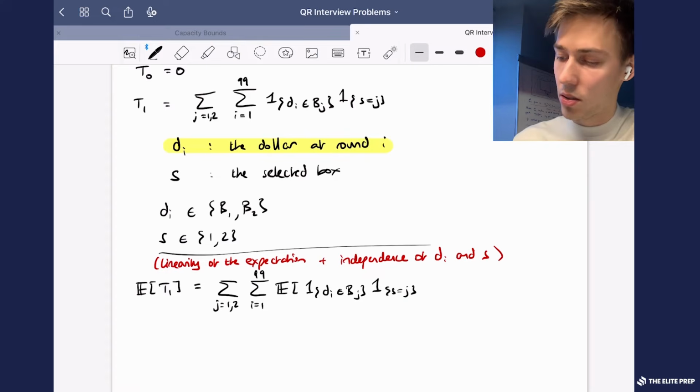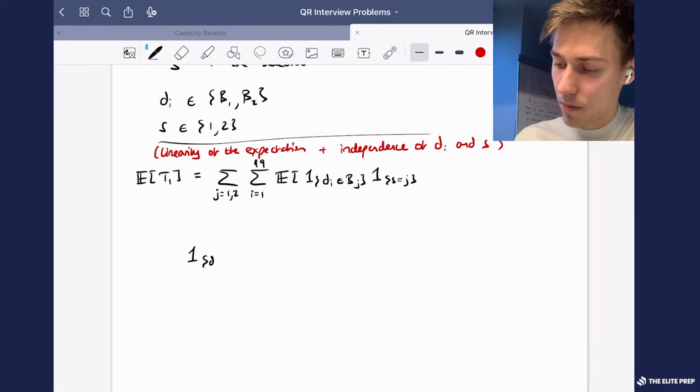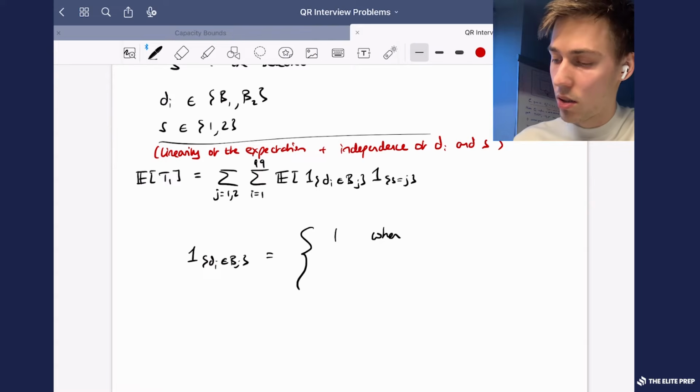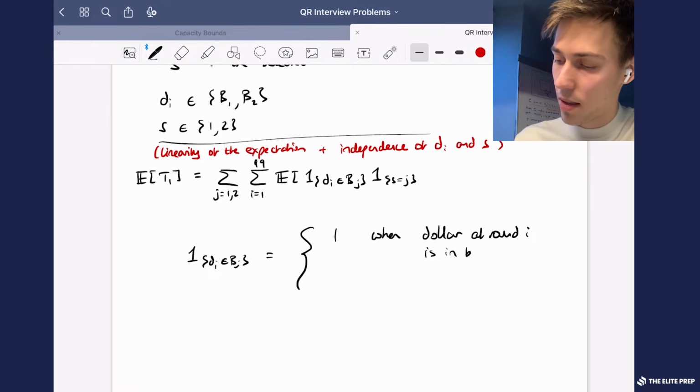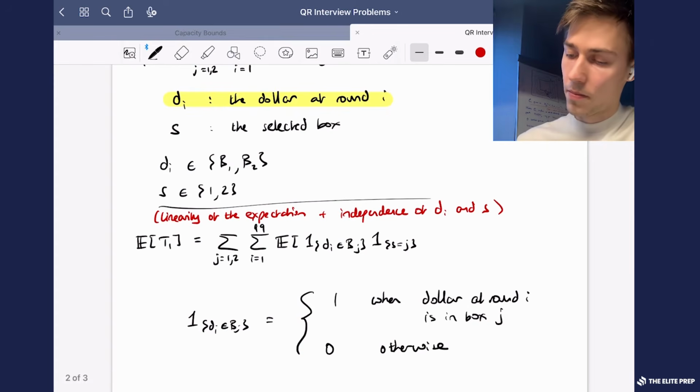And for those who may be unfamiliar, the indicator function of DI is equal to 1 when dollar at round I is in box J, and 0 otherwise. Okay.